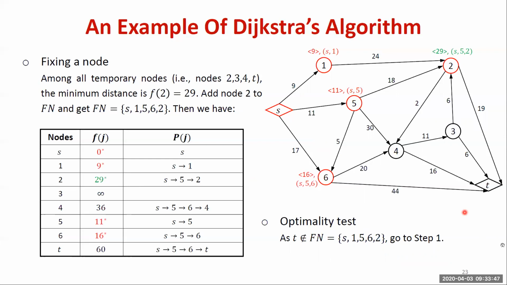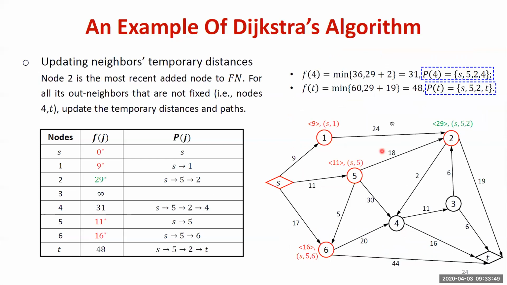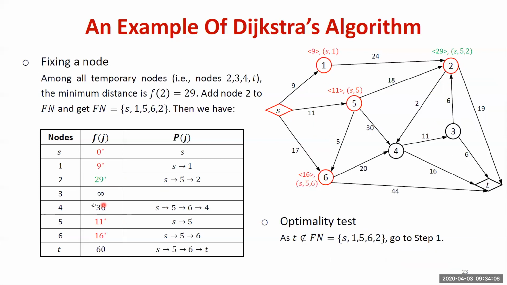Okay, slide number 24 is here. The new path is from 2 to 4. The shortest distance from S to 2 is known to be 29. From 2 to 4 is 2. So the new distance is 31, versus the previous shortest distance, 36.